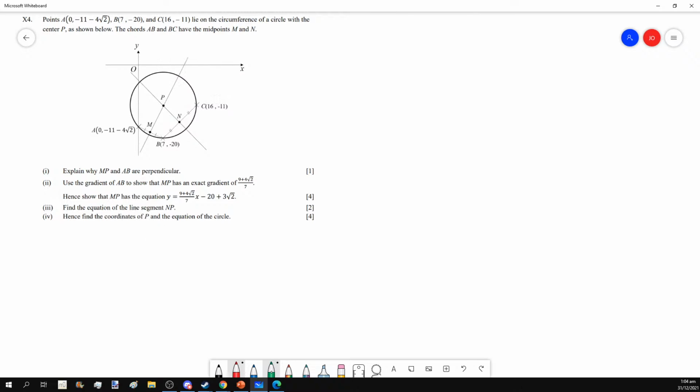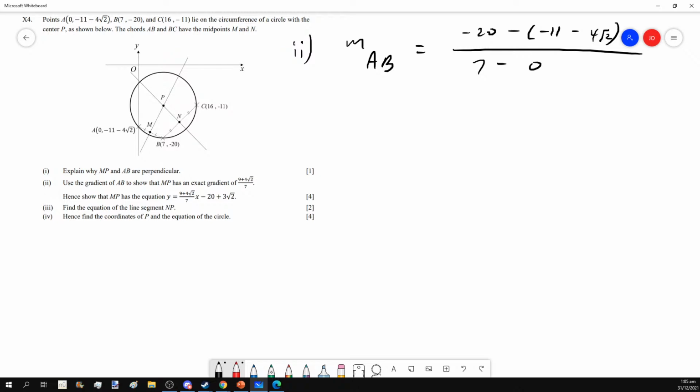So the next thing they say is, can you use the gradient of AB to show that MP has an exact gradient of blah blah blah? So this will actually come from our previous crash course lecture. What we will do is we will start with the gradient of AB, which in this case will be, let's see, y coordinate minus y coordinate over x coordinate minus x coordinate.